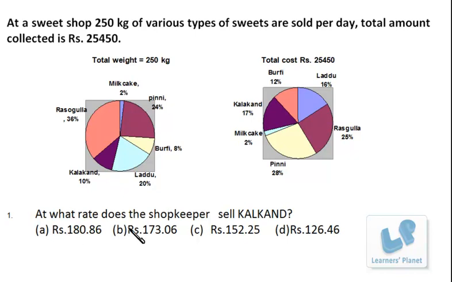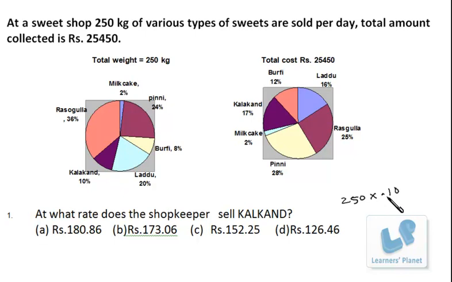Now, what is the first question? At what rate does the shopkeeper sell Kalakand? Now we have to find out the selling price, that is, the per kilogram price of Kalakand. Now just see here carefully. Total weight is 250. Out of this 250, Kalakand is contributing 10%. So what is 10% of 250? I just write it here as it is: 250 into 0.10.